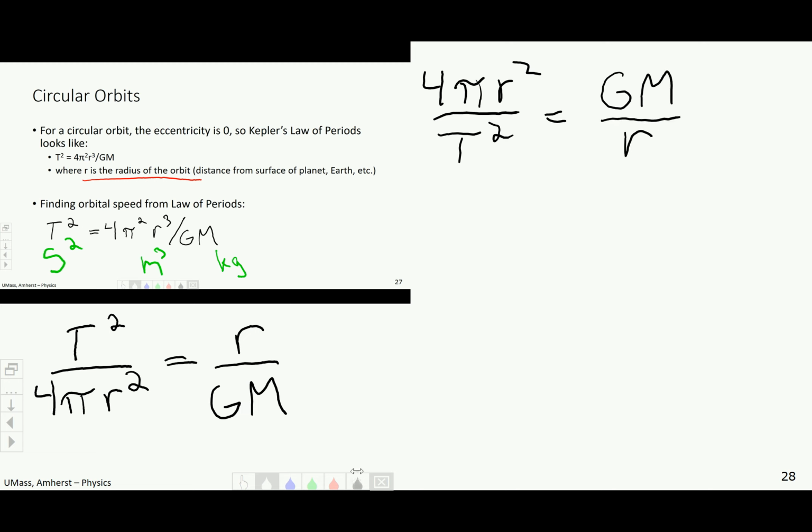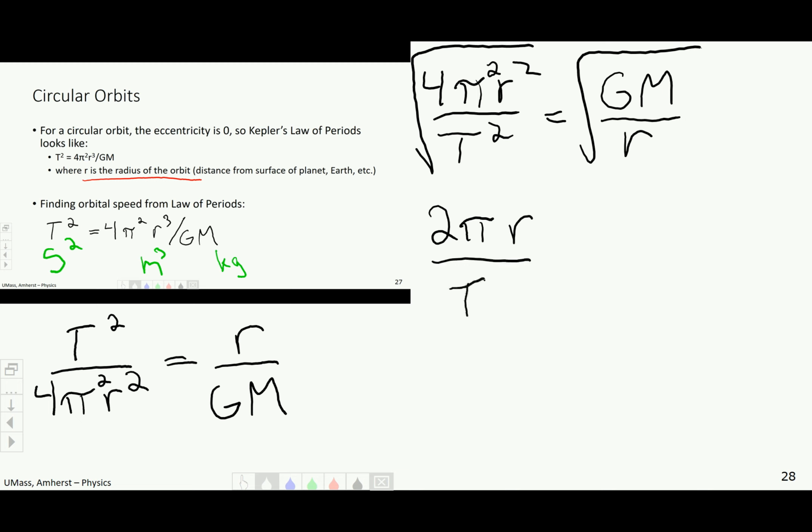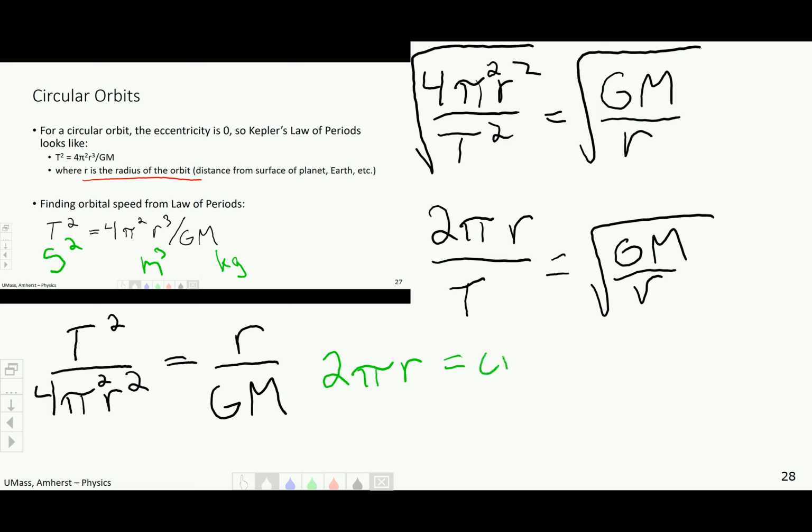Here's a piece that we can look at. Let's take the square root. If we take the square root of all of this, 2 pi, this should have been pi squared, my apologies. So we have 2 pi r over T equals root GM over r. What is 2 pi r? So 2 pi r is the circumference.